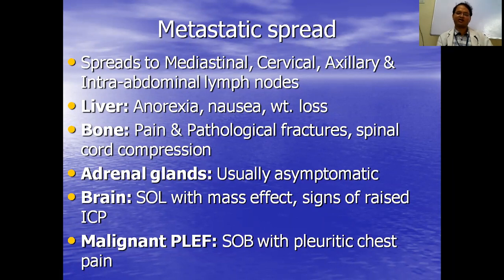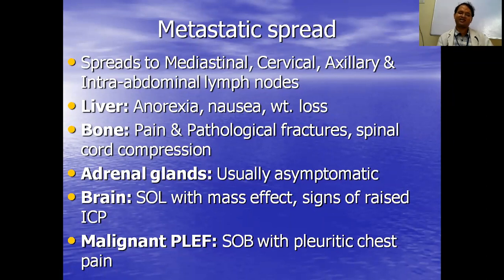Adrenal glands are commonly affected by the cancer, but still they remain asymptomatic. Brain, if the secondaries are present in the brain, that leads to space-occupying lesion in the brain, which causes a mass effect.